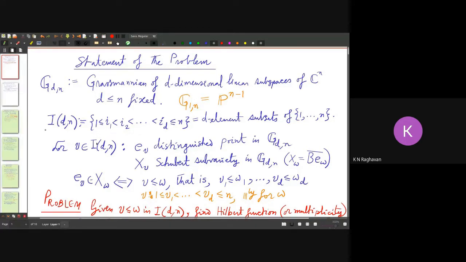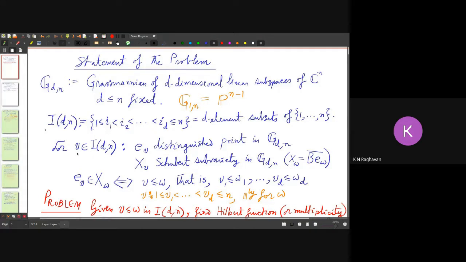There is a very intimate connection between I_{d,n} and G_{d,n}. You may think of I_{d,n} as a combinatorial Grassmannian, so to speak.